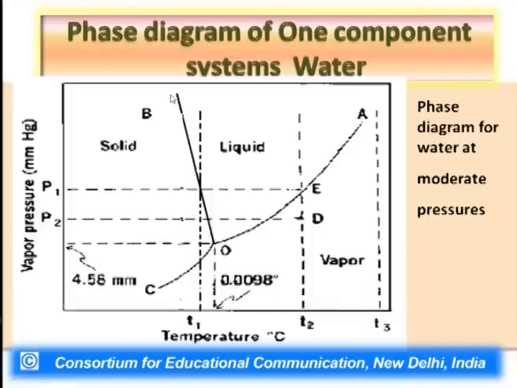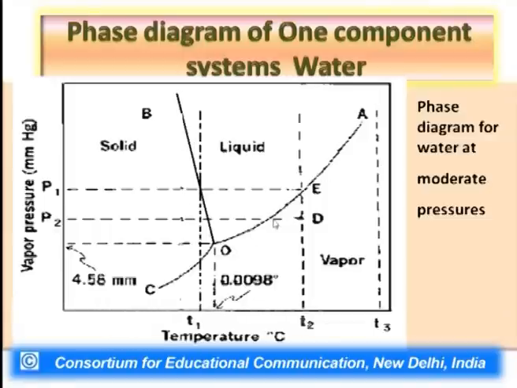Now let us turn our attention to what these curves BO, OC and OA represent. The curve BO is a locus of all the points, each point representing a particular pressure and temperature at which solid is in equilibrium with the liquid phase.